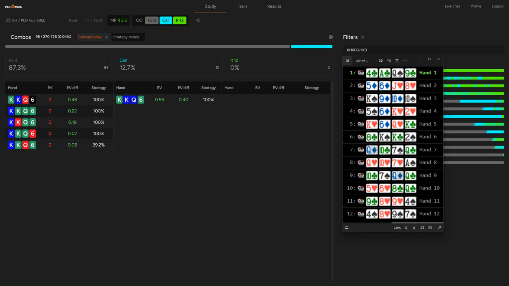Let's have a look. Okay, and luckily I'm correct. That one is, as you can see, a call. Any other combo of king, king, and 8, 2 is a fold, which we sort of learnt in the last hand.